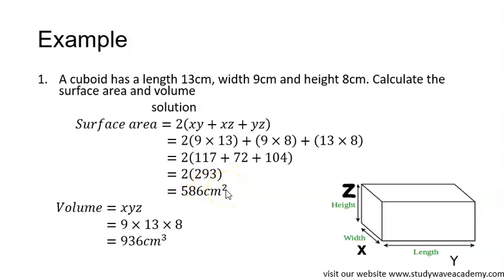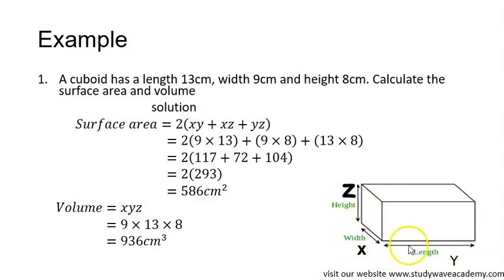Do you understand? So a cuboid that has the length of 13 centimeter, the width of 9 centimeter, and the height of 8 centimeter, the surface area is 586 centimeters square. Okay, good. Now to calculate the volume, remember, is the width times the length times the height, the base times the height, right? The length is also the base, and then the height.